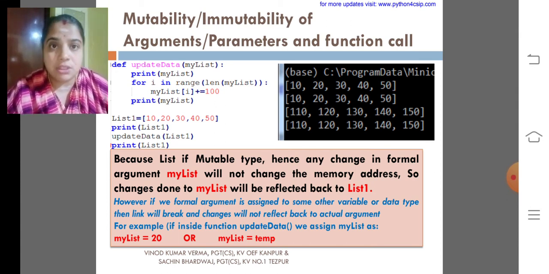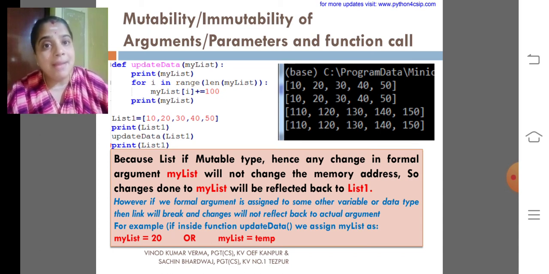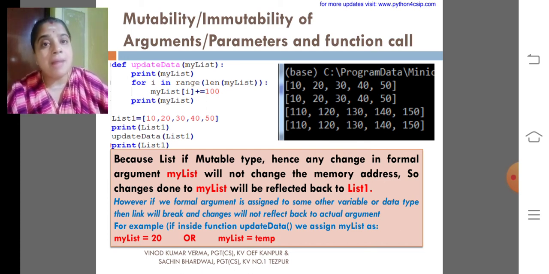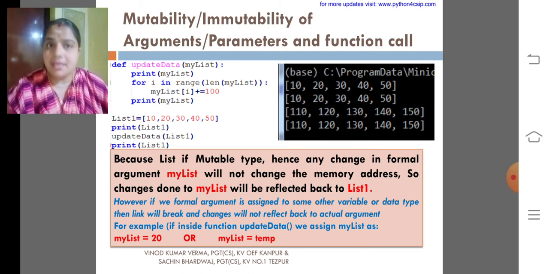List 1 is the actual argument with the type of mutability, and that list is passed to myList. So what is happening here? The entire list values 10, 20 till 50 will be copied to myList. That is in the definition of update data.